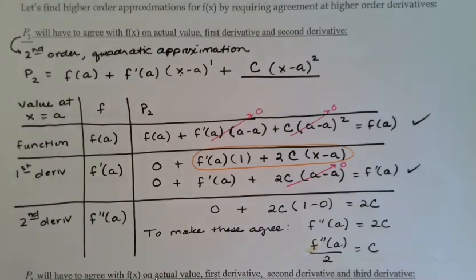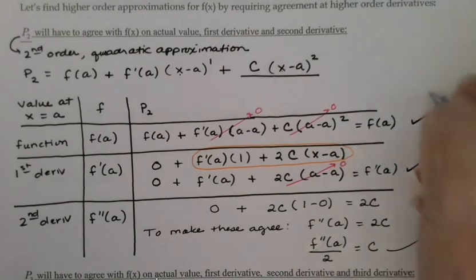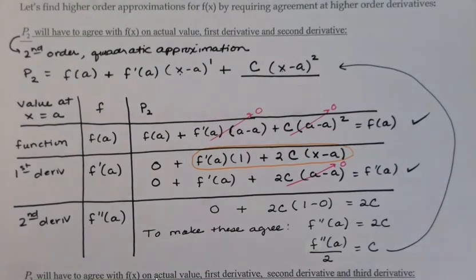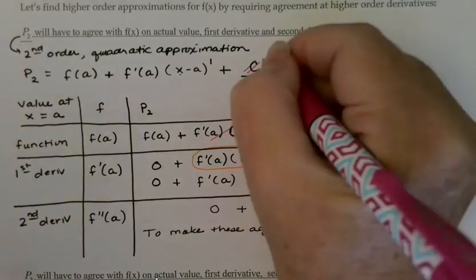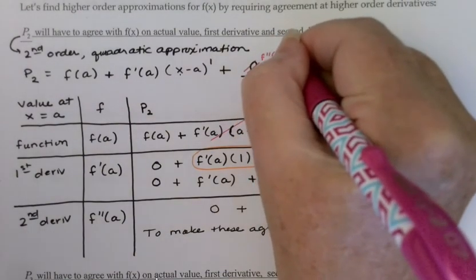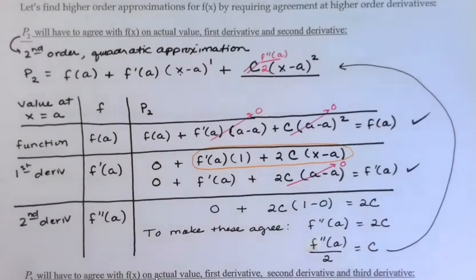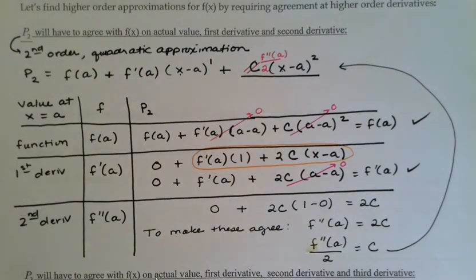So at this stage, I can now say I know what c is. C turned out to be f double prime of a over 2. And that's P2.